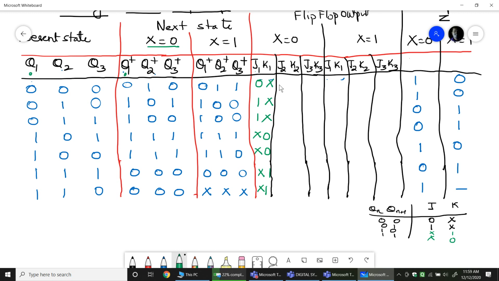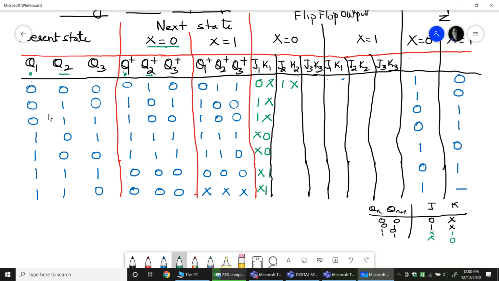Coming to J2 and K2, for that you need to see Q2 and Q2 plus at x equals 0. 0 1, so 0 1 is 1x, 0 0 is 0x, sorry, 0 1 1 0 it is.